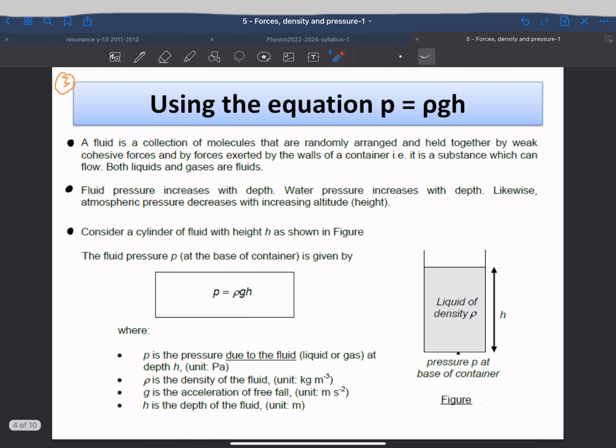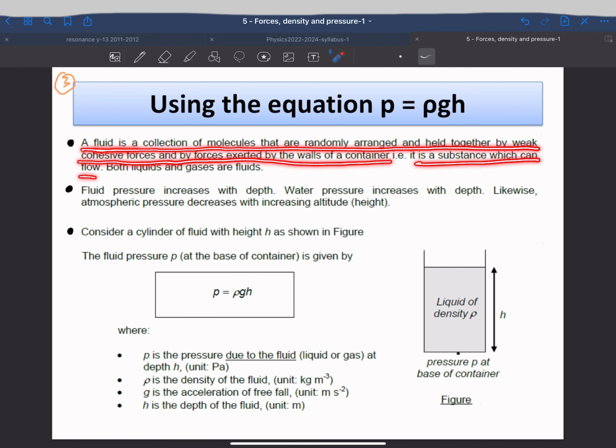Here again, there are a few things about the pressure, and particularly when you are talking about the fluid, you know that fluids may be gases or liquids, and a fluid is a collection of molecules that are randomly arranged and held together by weak cohesive forces and by forces exerted by the wall of a container. Simply, you can say it's a substance which can flow.